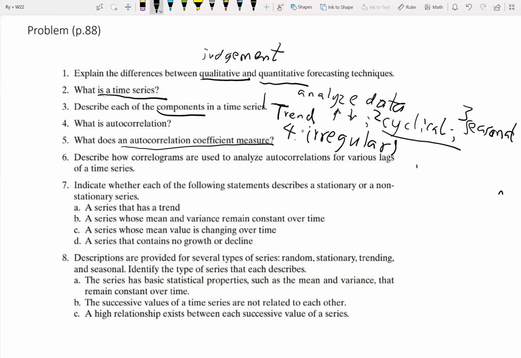Question 6, describe how correlograms are used to analyze correlations for various lags of a time series. Remember what those are used for.